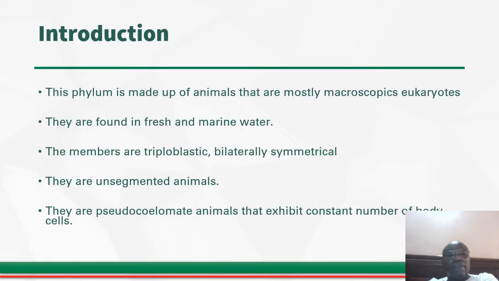The phylum is made up of animals that are mostly macroscopic eukaryotes. They are mostly found in fresh and marine water. The members of the phylum are triploblastic, bilaterally symmetrical in nature, and unsegmented animals.